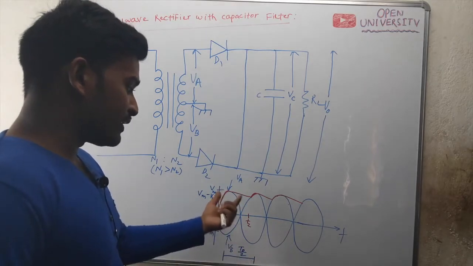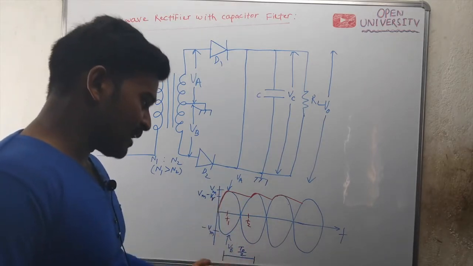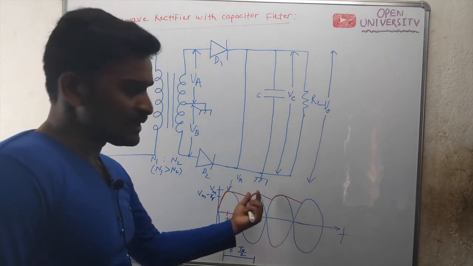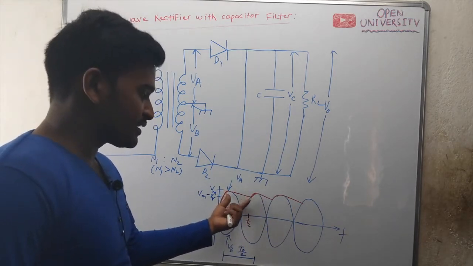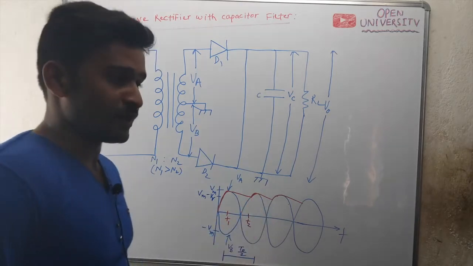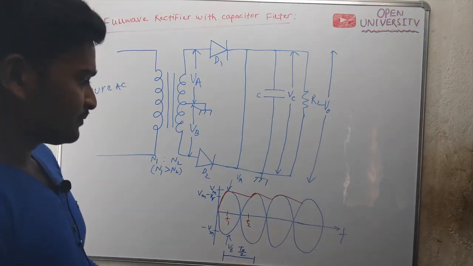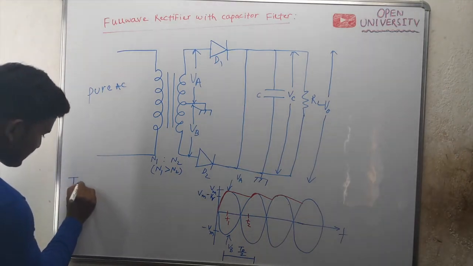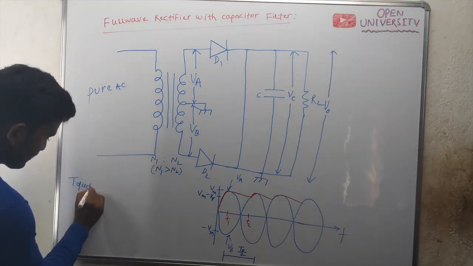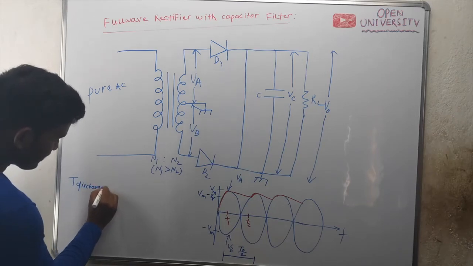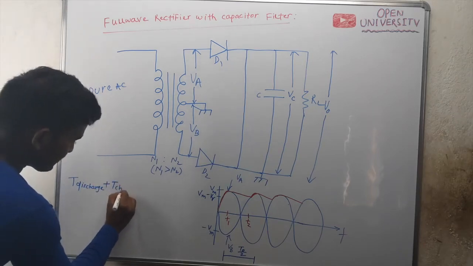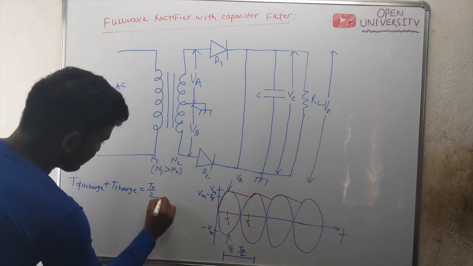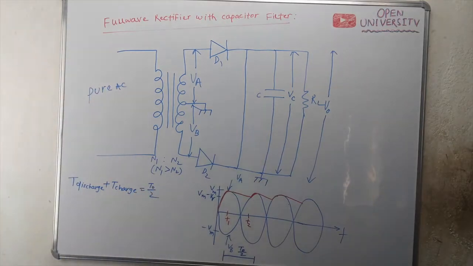So in one half time period, what will happen? The capacitor will discharge once and charge once. This is your discharge interval and this is your charging interval. So I can write that T discharge plus T charge equals T naught by 2.